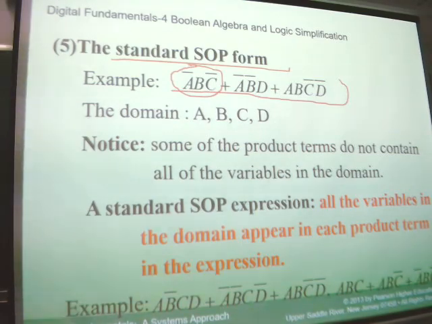In this product term, the literal D or D bar is not contained. And C is not contained in this product term. So this expression is not a standard SOP expression.